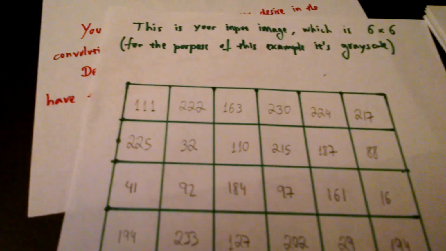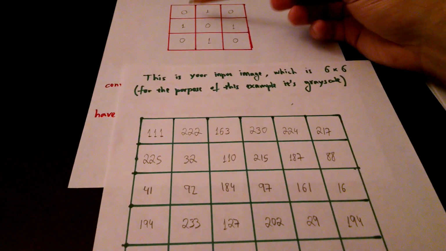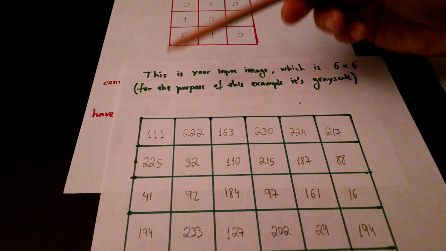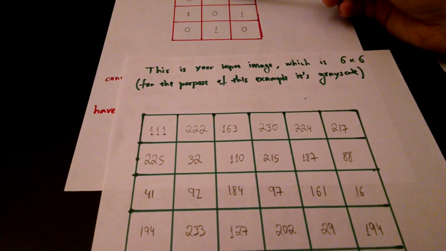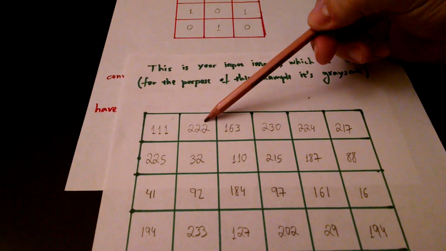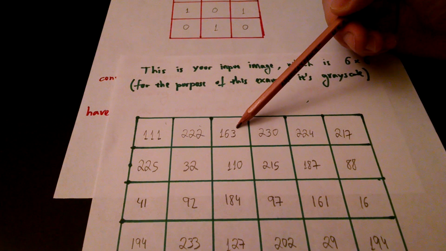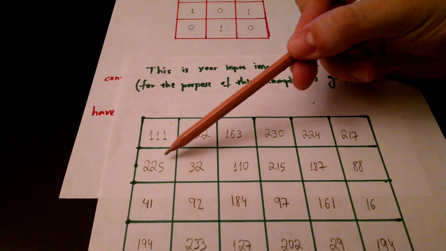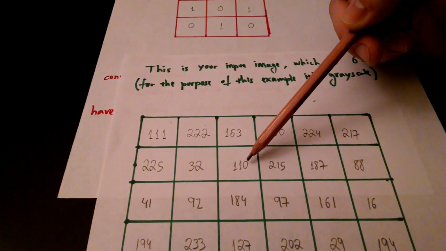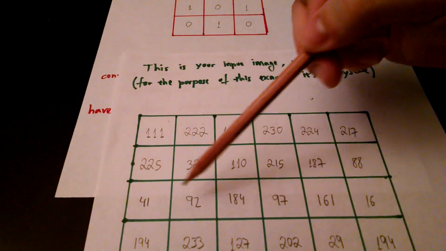So for the first position, you're gonna have 0 multiplies 111, plus 1 multiplies 222, plus 0 times 163, and so on and so forth. This row will multiply this row, and you're summing everything. And finally this row is going to multiply this row.